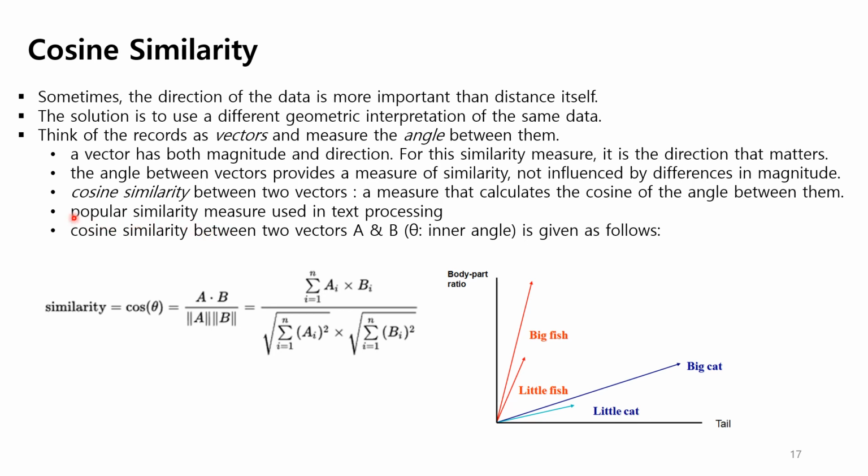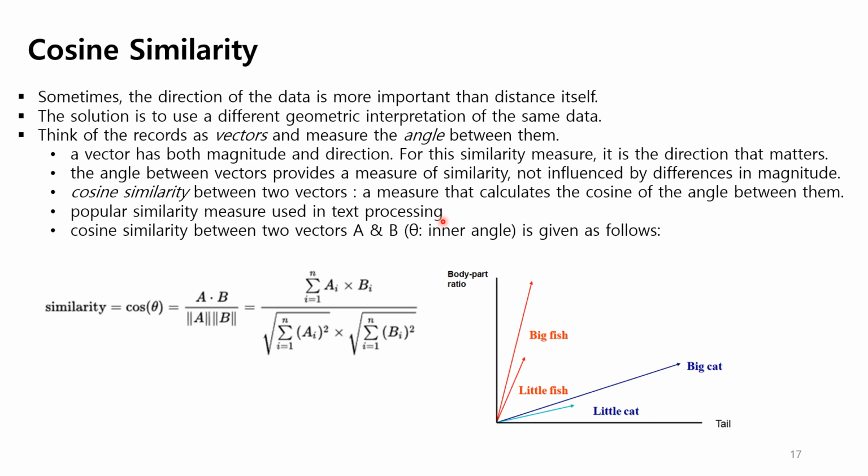Cosine similarity is very popular, especially in text processing. When you represent text, many people use cosine similarity to measure the similarity between two documents. You can use cosine similarity in many other applications, but text processing is a typical example.